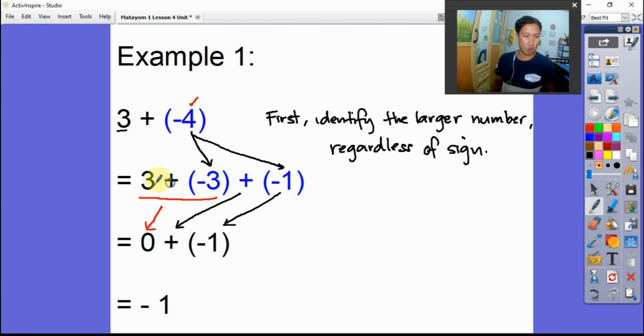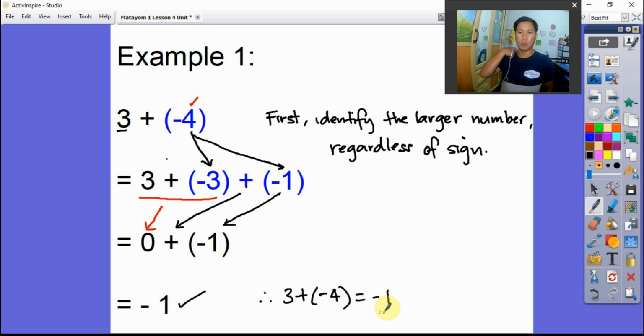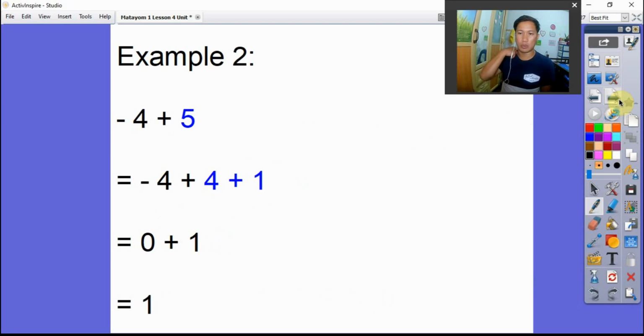So we have 0, 3 plus negative 3, plus negative 1. 0 plus negative 1 is negative 1. Therefore, 3 plus negative 4 is equal to negative 1. So that's our answer.